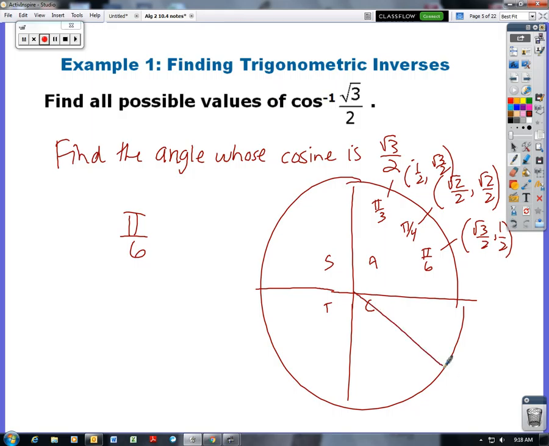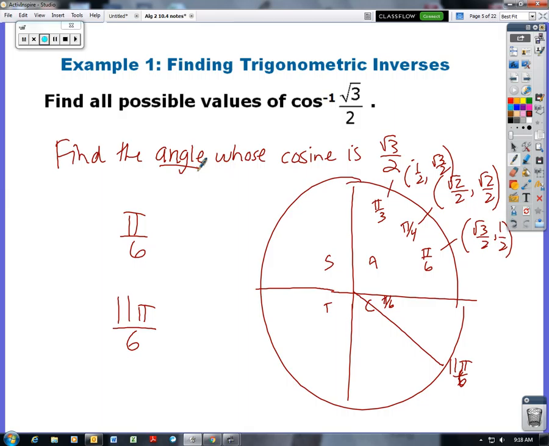So if you were in quadrant 4, and this would be a reference angle of pi/6, then if you went all the way around, this would be 11 pi/6. So we have two possible places on the unit circle, two possible angles, because we're looking for an angle, remember, whose cosine is √3/2.